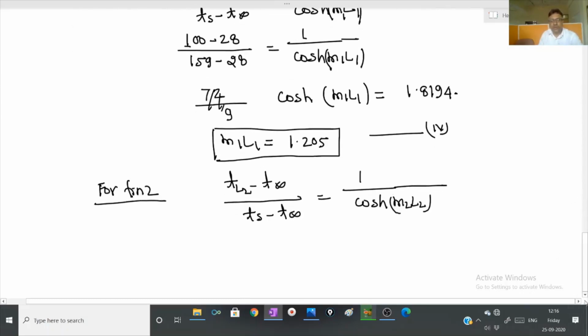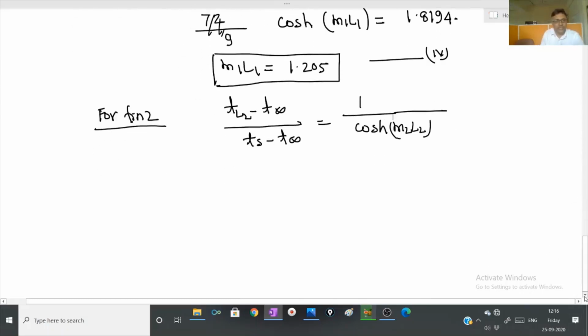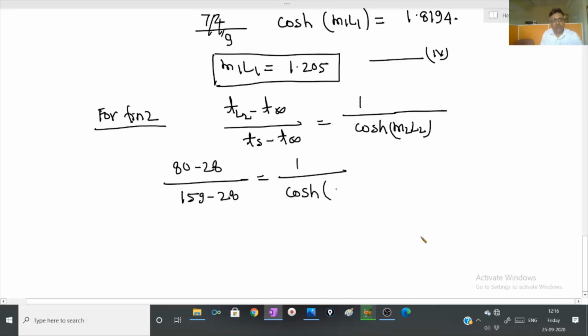Putting in the values of all these temperatures, (80 − 28)/(159 − 28) = 1/cosh(m2 L2).